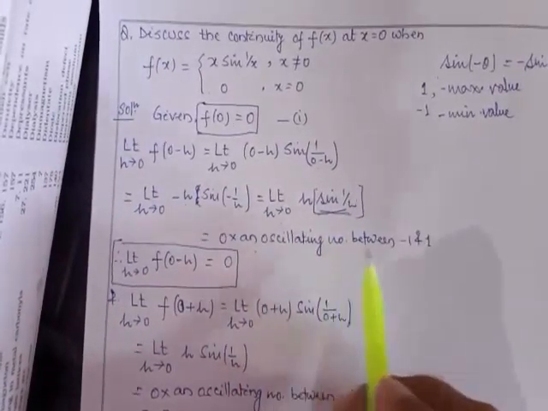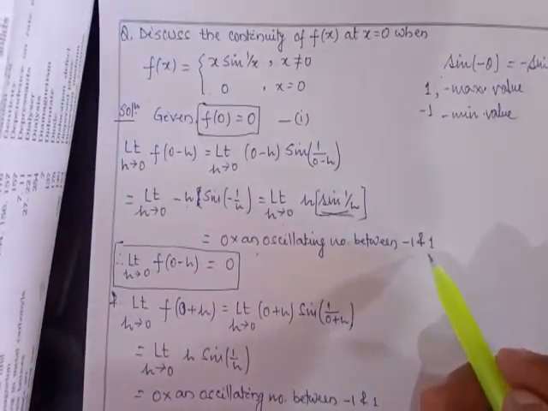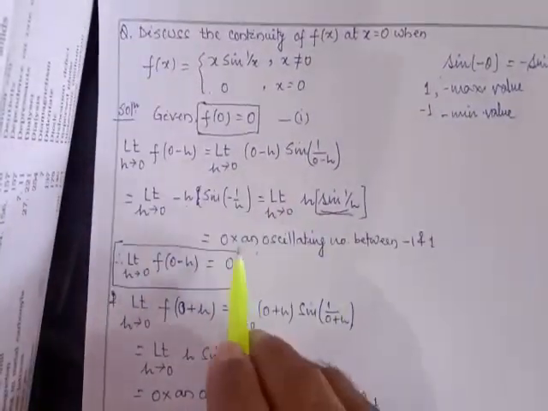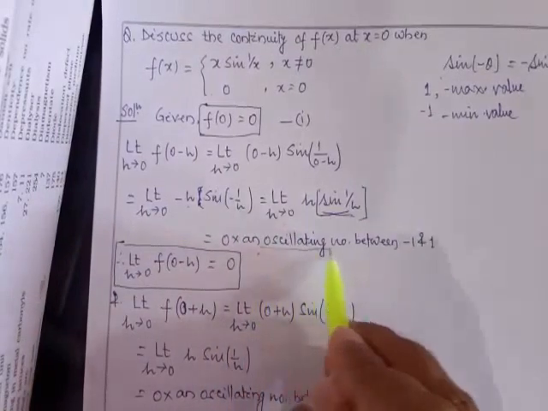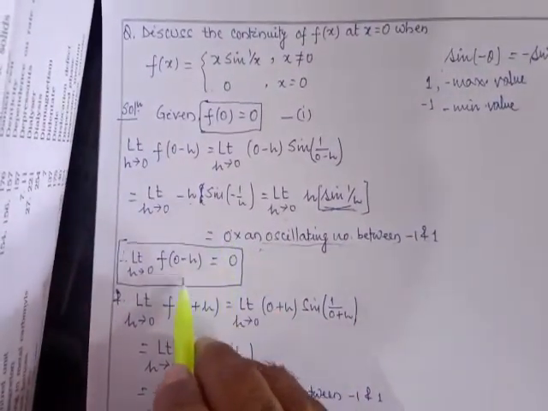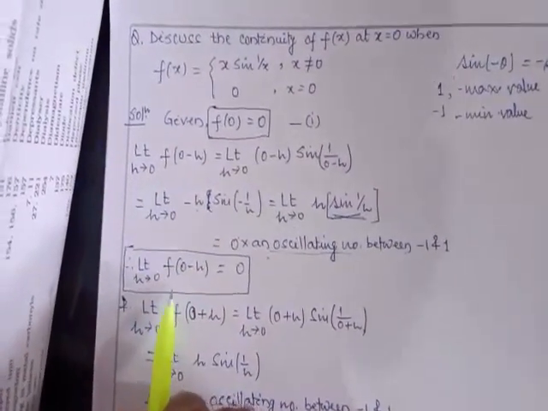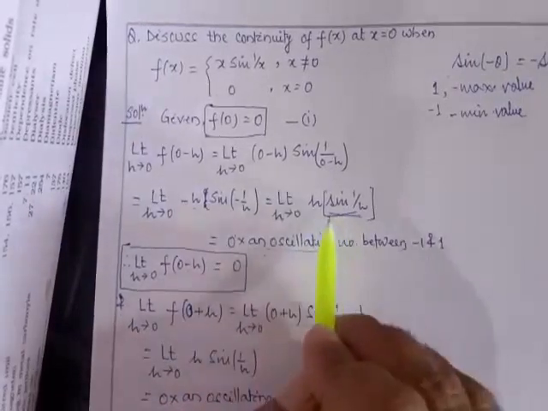So when we multiply that oscillating number by 0, the result will be 0. So the value of left hand limit is 0.